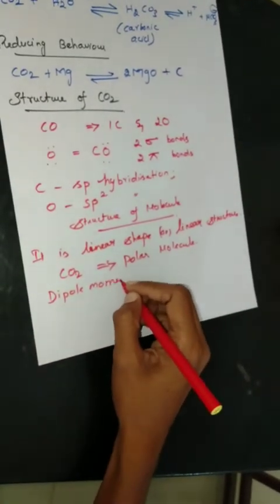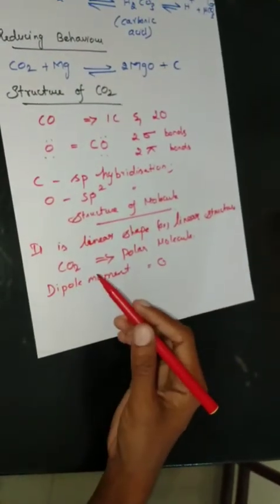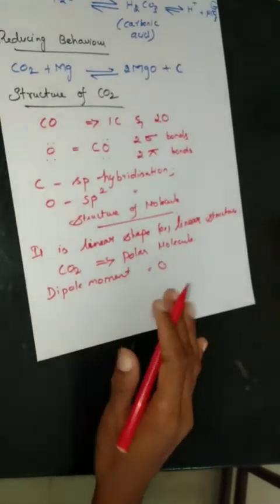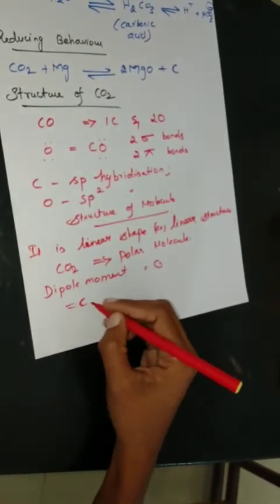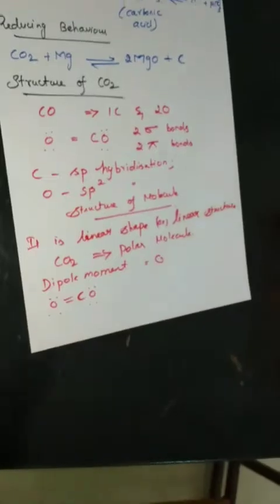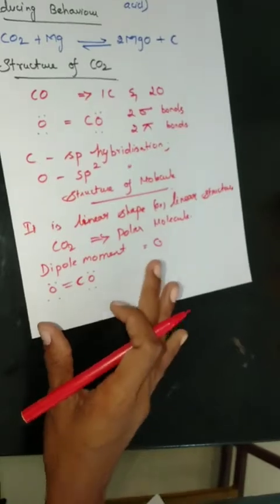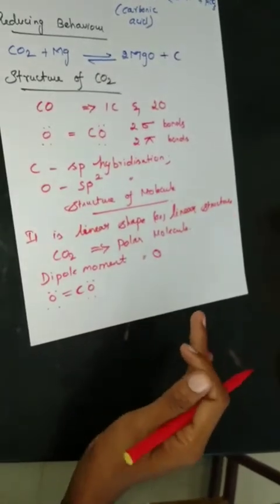What will the dipole moment be? Here it is 0, because the carbon-oxygen bond lengths on the left side and the right side are equal. Because they are equal, the dipole moment is 0. Will you be able to understand? Next, we are going to draw the structure.